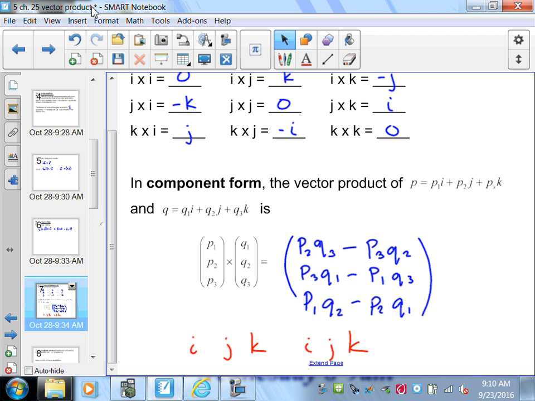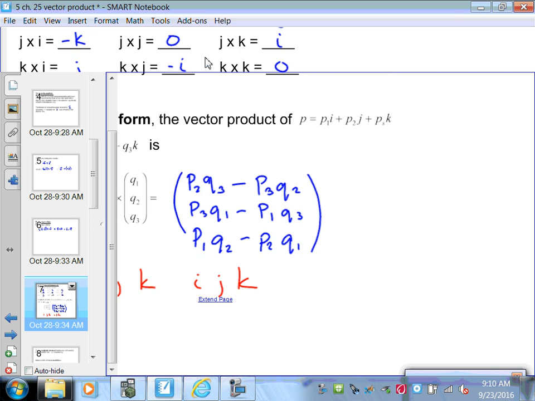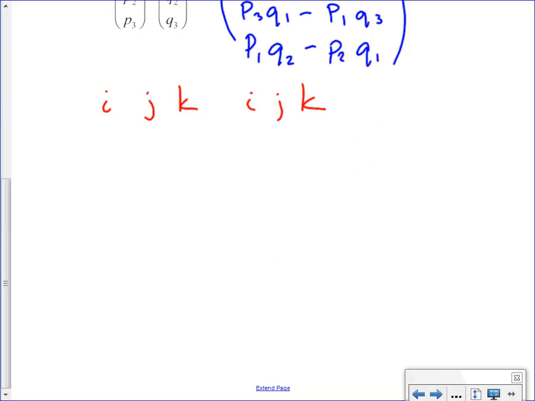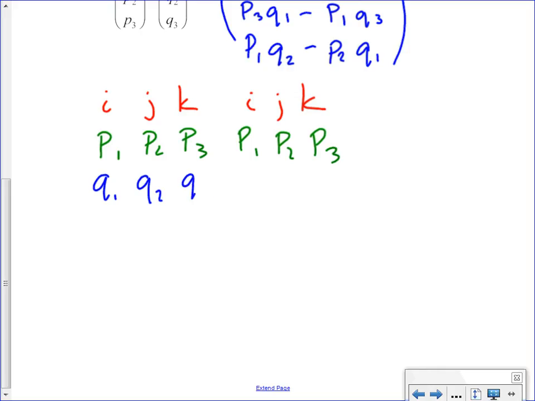Remember, we're taking the cross product, right? So if you do i j k, and let's say you go P1, P2, P3, and repeat. P1, P2, P3. And underneath, you go Q1, Q2, Q3, and again. Here we go.